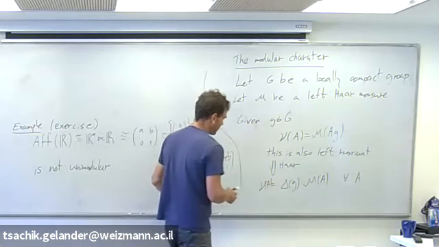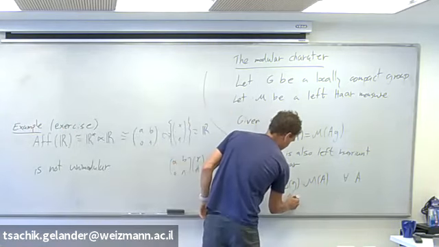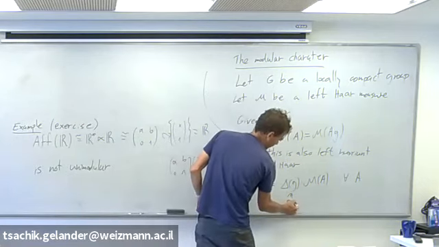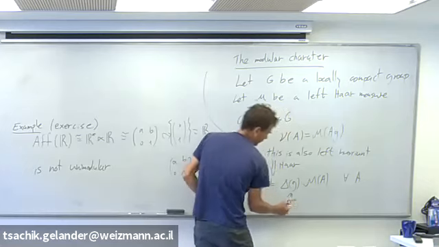So delta is some element in R, actually in R star, or rather a positive scalar.